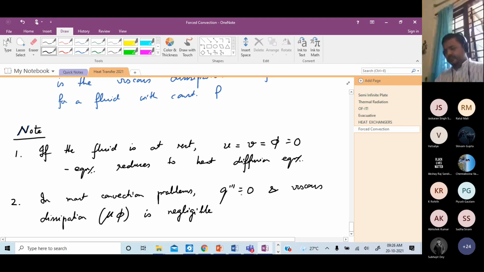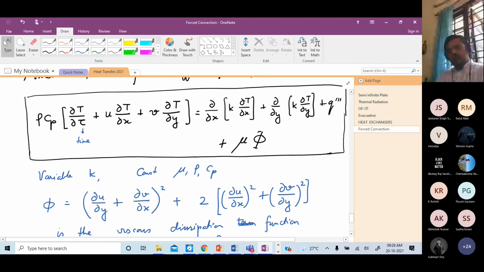So many a time what we do is the last two terms go away, and what we are left with is the LHS and the first two terms of the RHS.